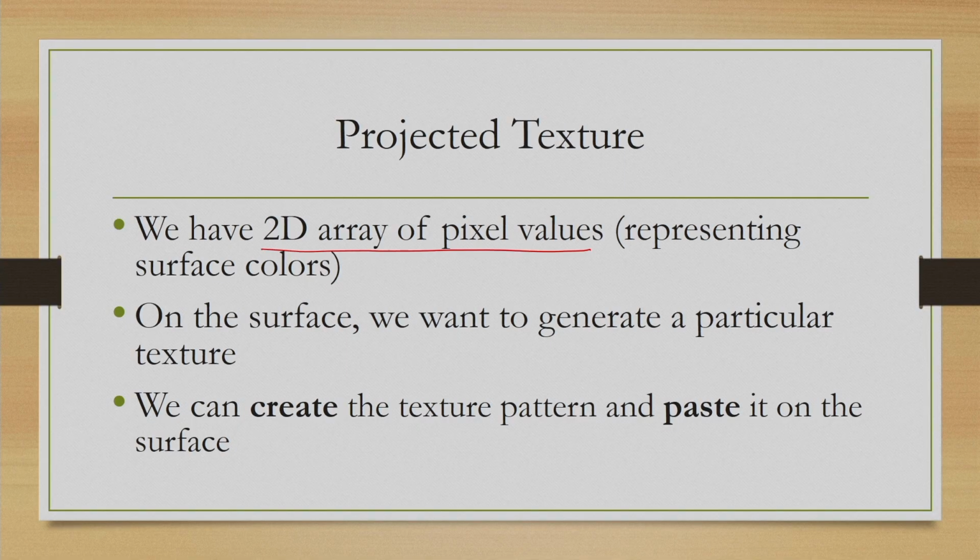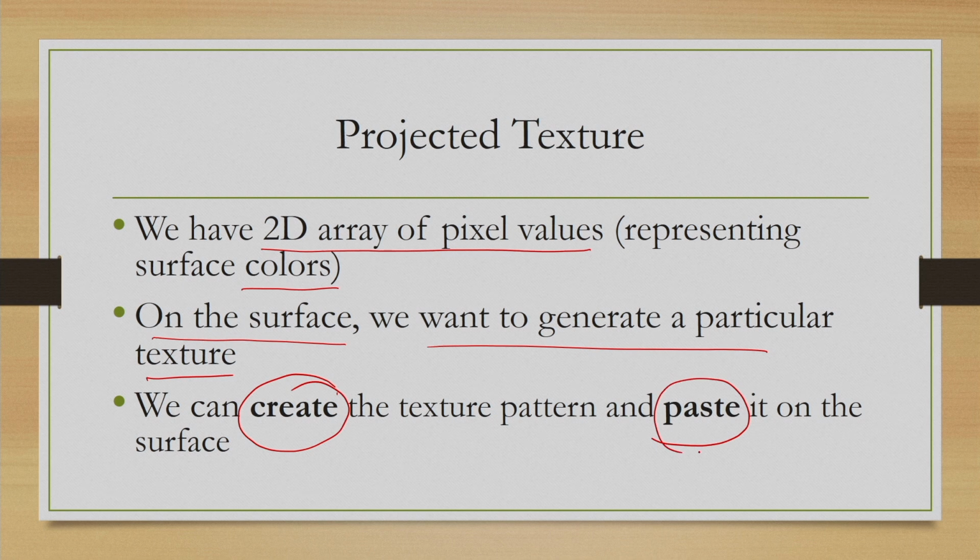Now, these pixel values are essentially values representing intensities or colors. Now, on this surface we want to generate a particular texture, a particular effect, pattern. What can we do? We can create the texture pattern and paste it on the surface.